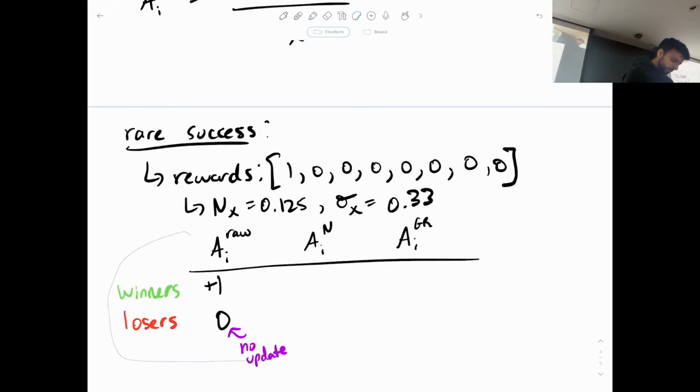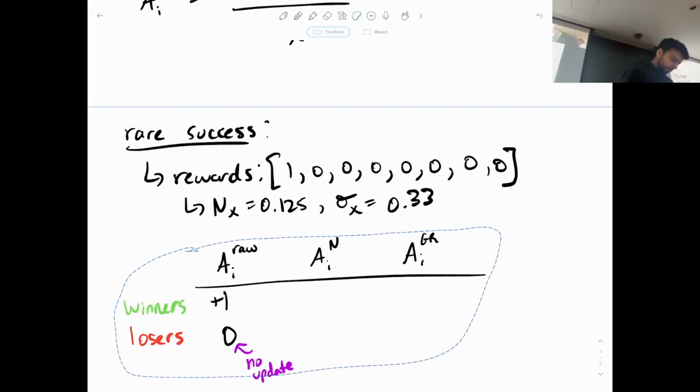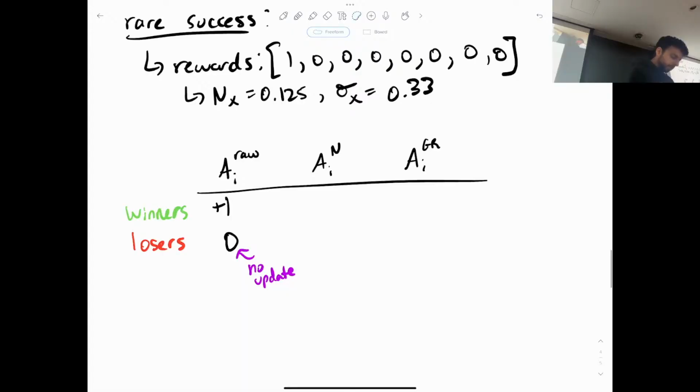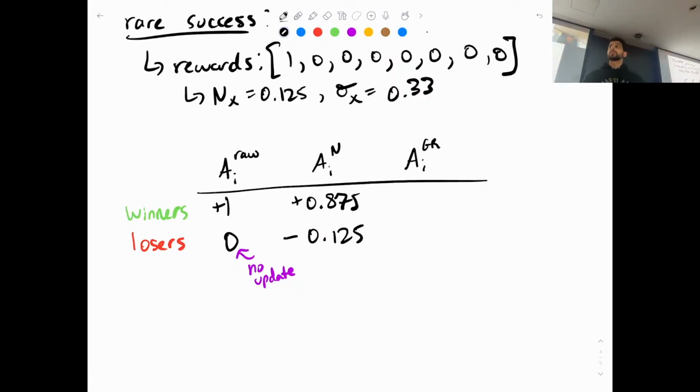Let me just move this table down. Okay. So when we subtract away the mean, doing our mean centering, now we actually have a negative advantage for these losing samples, right? So now the losing samples, we will decrease their probability when we compute the GRPO loss and the gradient, but it's not like a very large decrease in their probability.